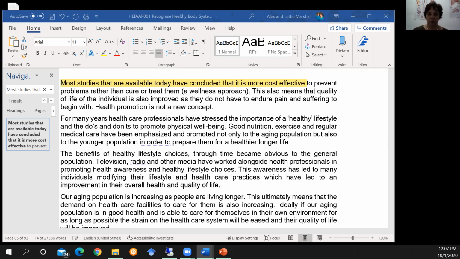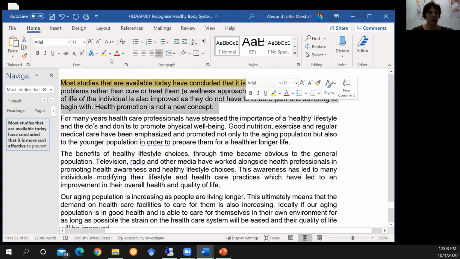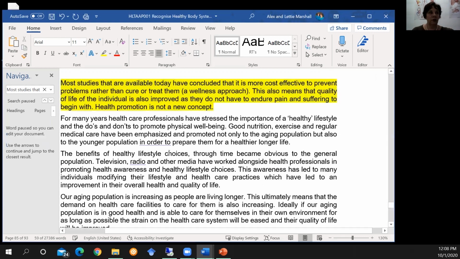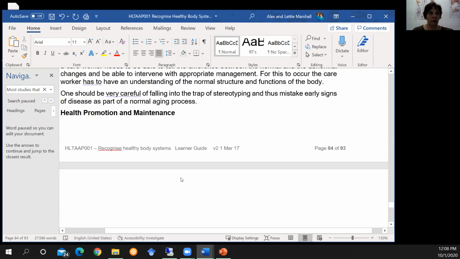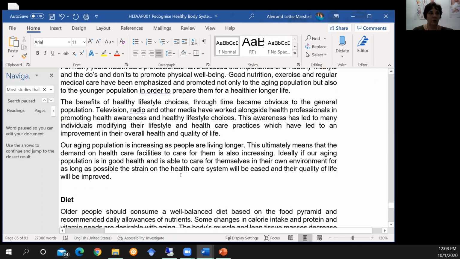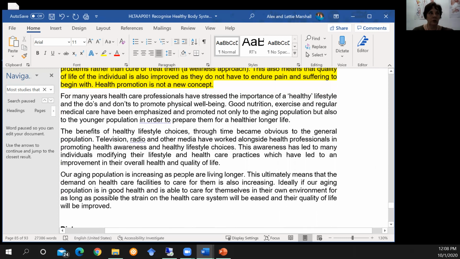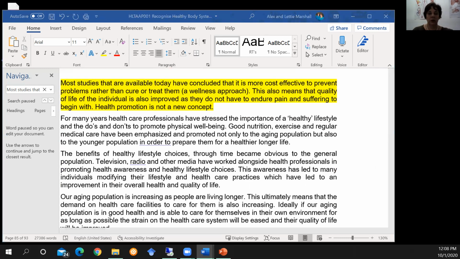So it's the wellness approach: good nutrition, regular exercise. That's the wellness concept, or health promotion. So that is made up of good nutrition, exercise, and having healthy choices.